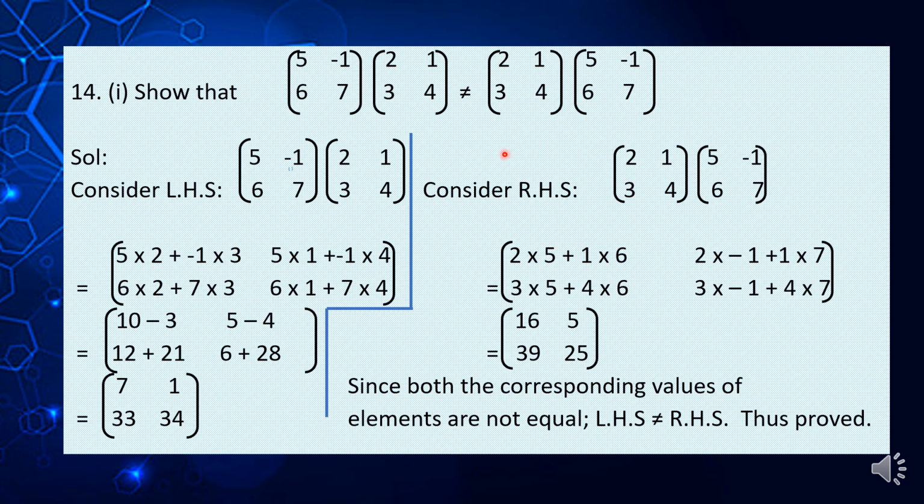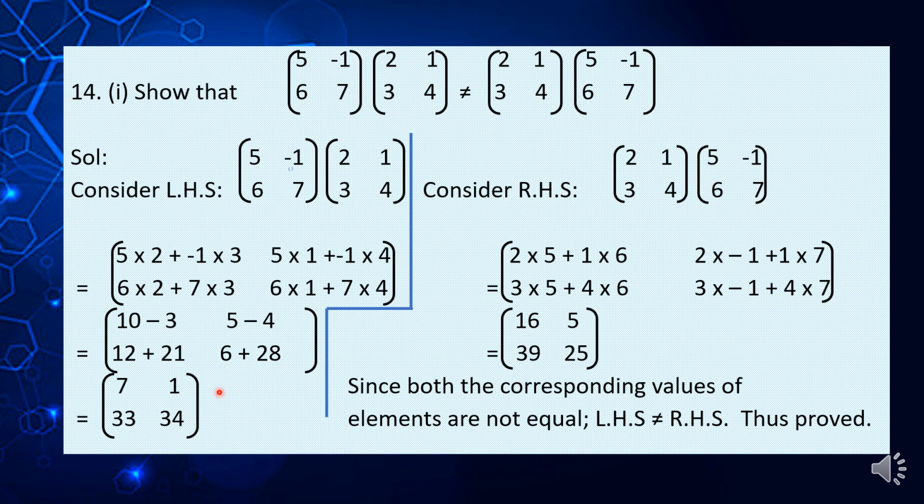Now we consider the RHS, [2 1; 3 4] into [5 -1; 6 7]. After multiplying the first row into the first column and second column, and the second row into the first column and second column, we get 2 into 5 plus 1 into 6, 2 into minus 1 plus 1 into 7, 3 into 5 plus 4 into 6, and 3 into minus 1 plus 4 into 7.